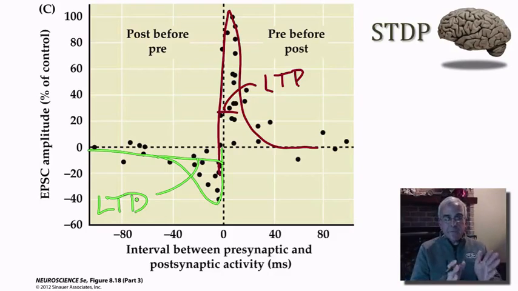Well, if the interval for depression is twice as large as the interval for potentiation, then that suggests that more of that noise is going to fall in the phase of this function that favors depression, such that the noise is going to tend to lead to the depression of those active synaptic connections.